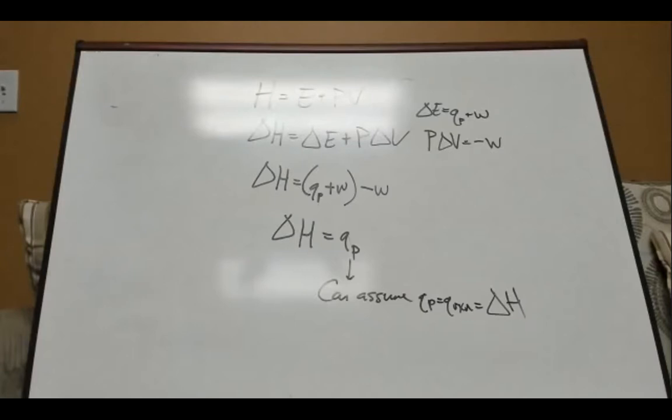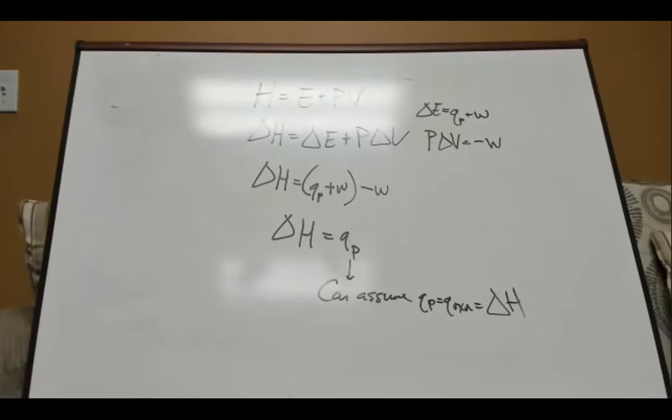Again, we're just going to change a couple of things. The internal energy we saw before is Q plus W, right? The total internal energy of a system is the total amount of heat plus the work that the system can do. Now notice I put a little subscript P next to the Q. This will be important because we're going to be talking about doing things at constant pressure.